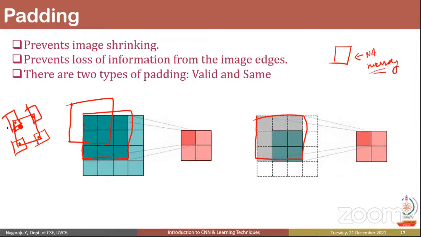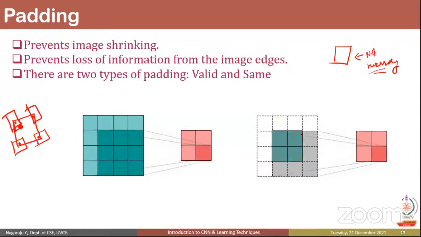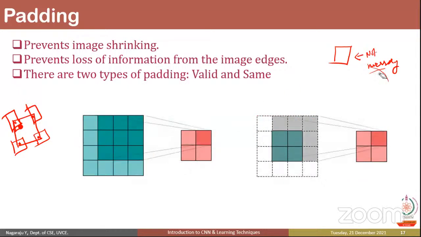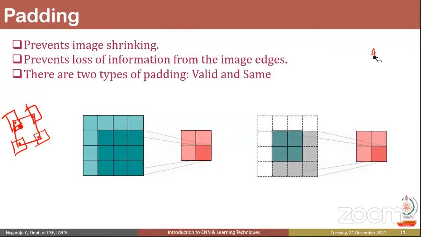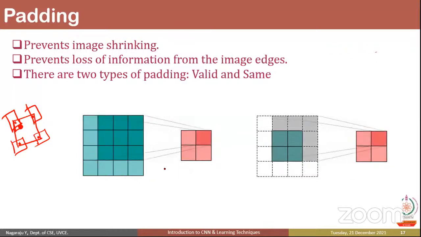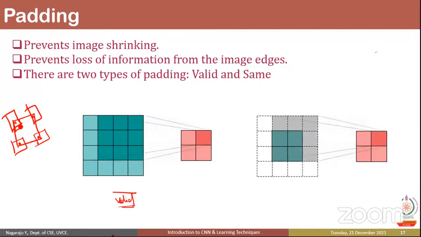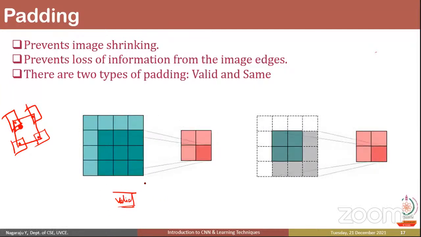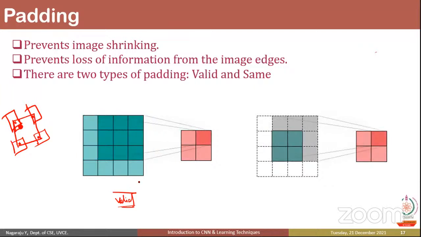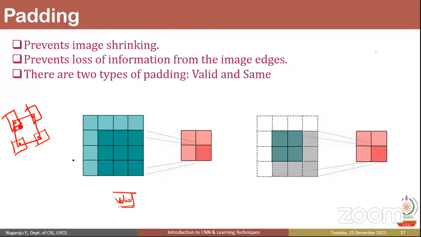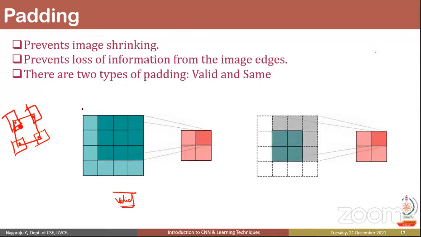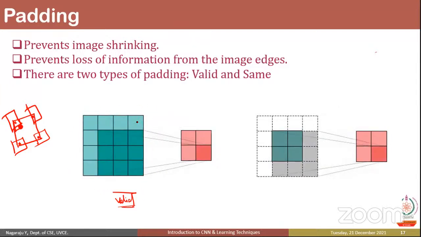In padding we have two different types: one is valid and one more is same. What does valid mean? It means no padding at all, zero padding, and we are not going to add any values around the image.